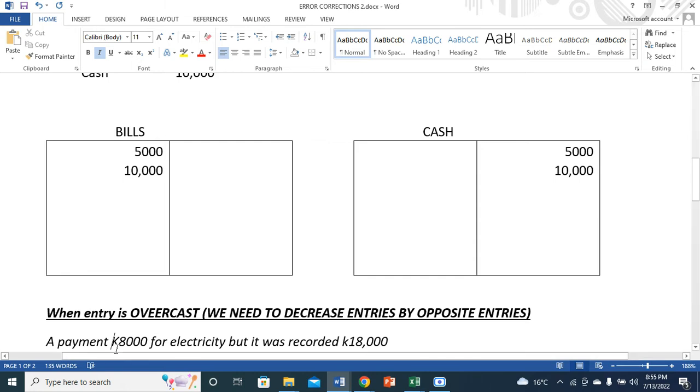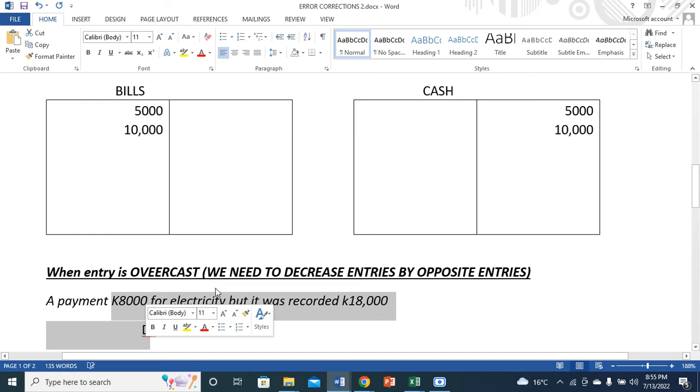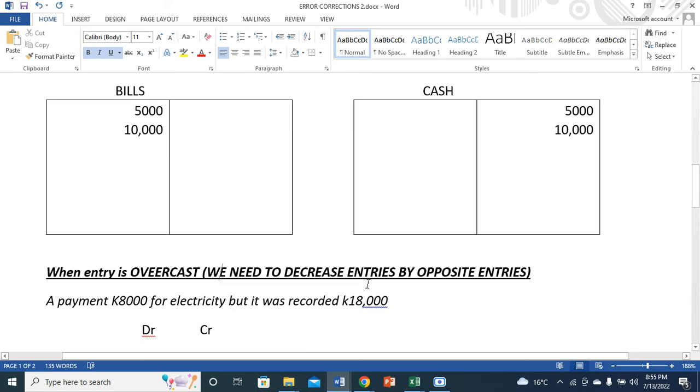All right. So this one here, a payment for electricity, 8,000 was recorded as 18,000. So here the entry has been overcast. It's supposed to be 8,000, but it's recorded as 18,000.